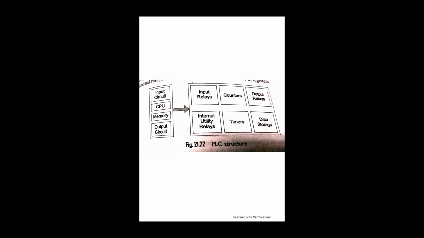These internal relays are simulated through bit locations in registers. You can see the input circuit here, and CPU, memory, output circuit. So: input relays, counters, output relays, internal utility relays, timers and data storage locations.